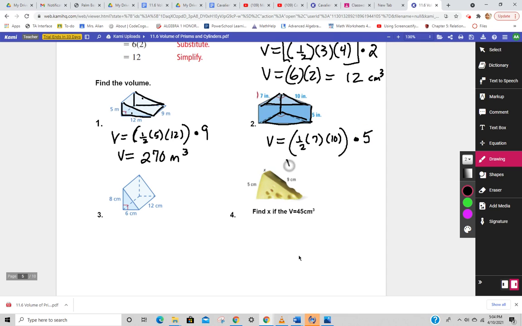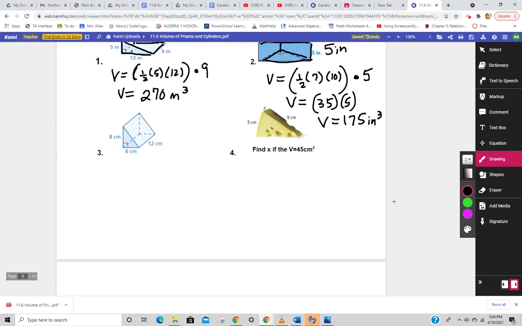So you got to make sure you find the correct height. All right, half of 10 is 5 times 7, that's 35 times 5. So that's 175. Volume is 175 inches cubed. So this was 5 inches, this was 10 inches, and this was 7 inches.